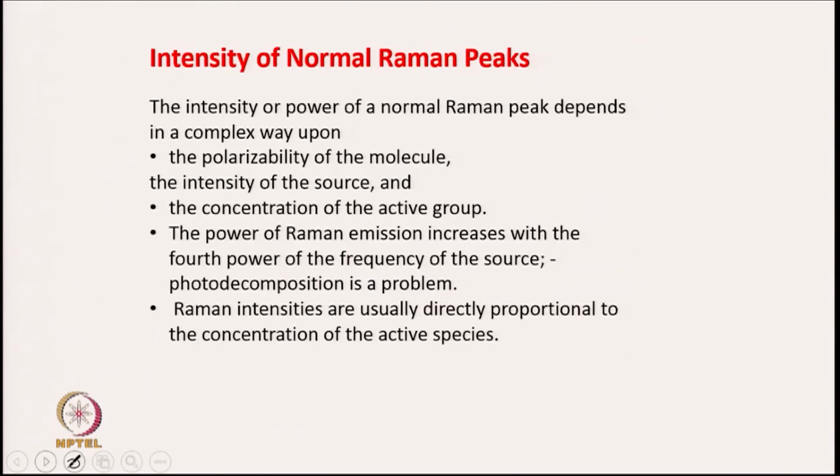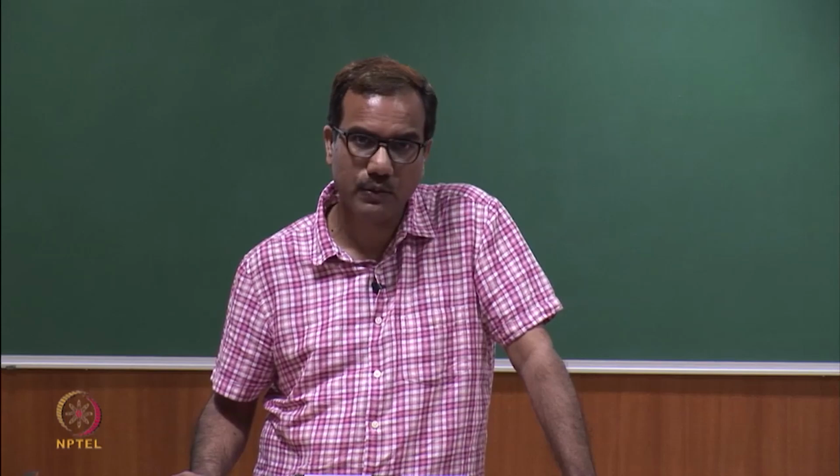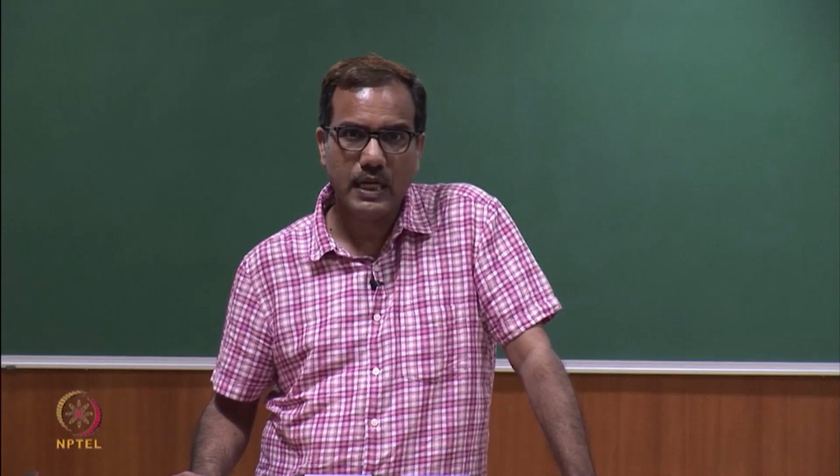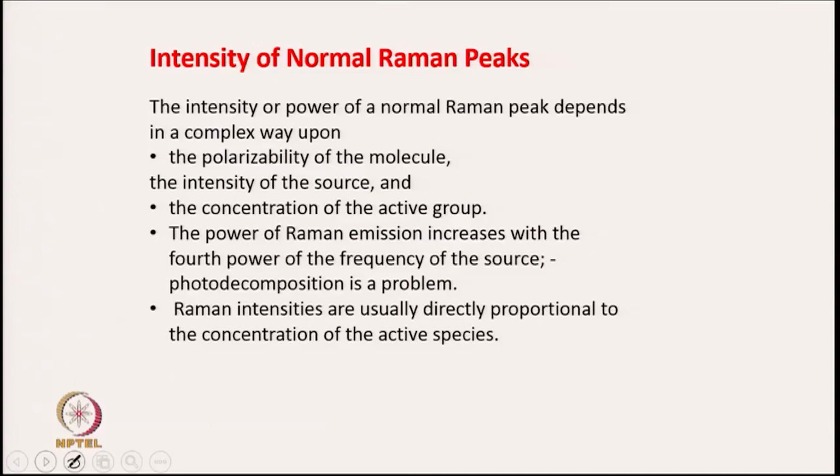Now, the intensity of a normal Raman peak, we just discussed how we can calculate it. We have to look at how polarizability changes with x, which tells you about intensity. Apart from that, the intensity of the source and the concentration of the active group will increase the intensity of the peaks.